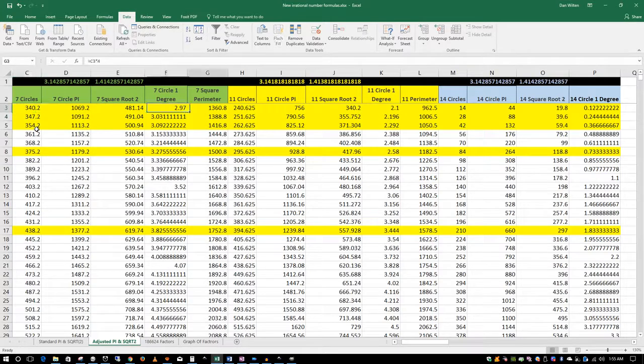If you look at these numbers across here, you'll notice that 340.2, if you multiply it times pi, you get the diagonal of the Great Pyramid, which is 1069.2. If you multiply this times the square root of 2, which means you take that square and turn it 45 degrees so the corners are pointing up and down, then you get 481.14.